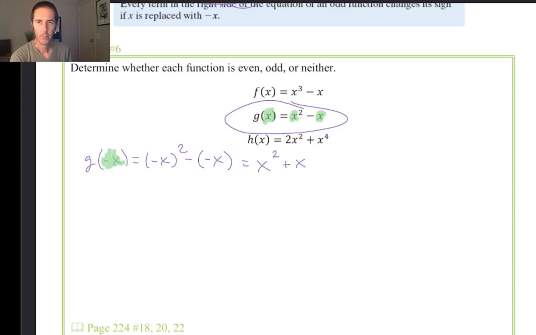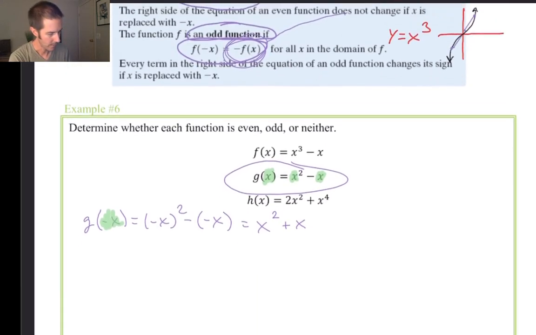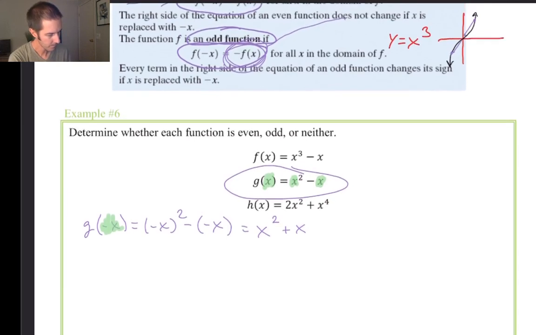The other thing we're going to calculate is negative g of x. But first, let's do this first test. Let's test to see if it's an even function. The question is, then, does this equal g of x?